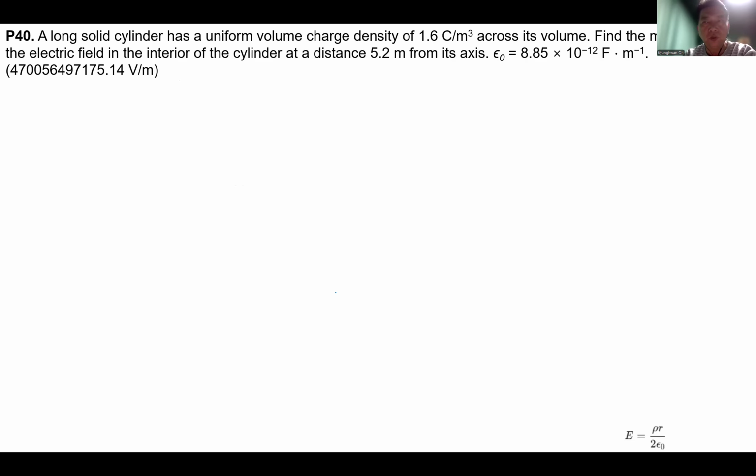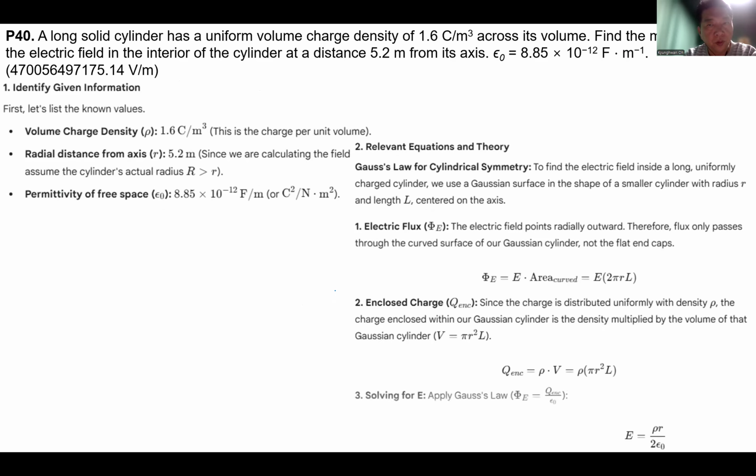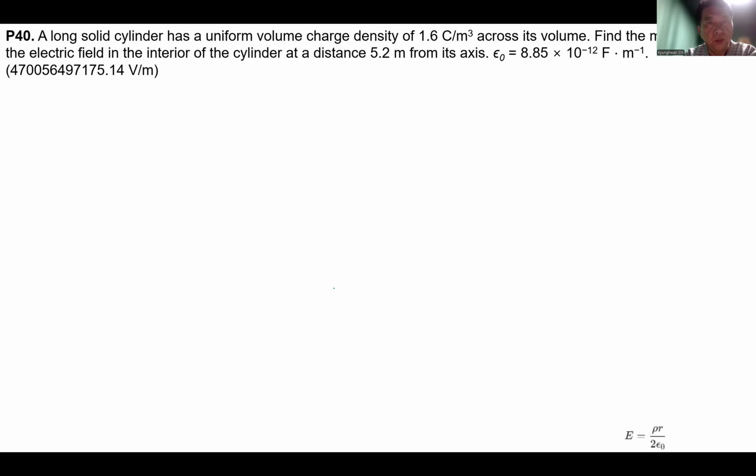And now we are going to change to the cylinder. Okay. So let's go back. A long cylinder has a uniform volume charge density. Find the magnitude of the electric field in the interior. So it's inside the cylinder. Okay. So we have a cylinder like this, and then inside we have a radius r.